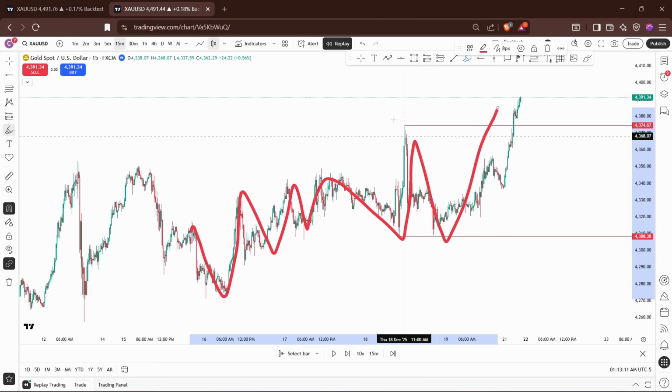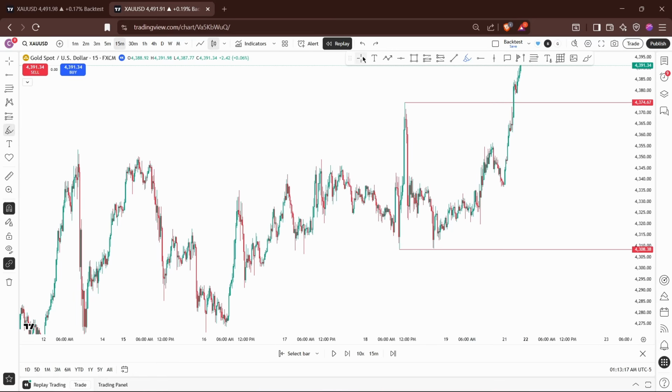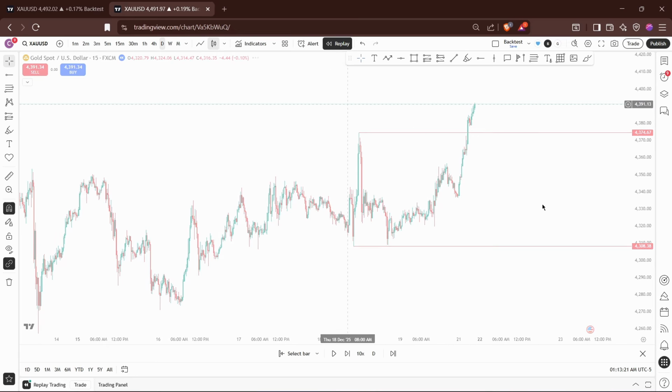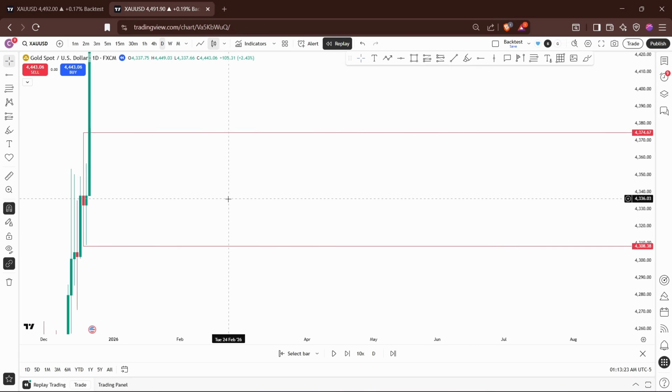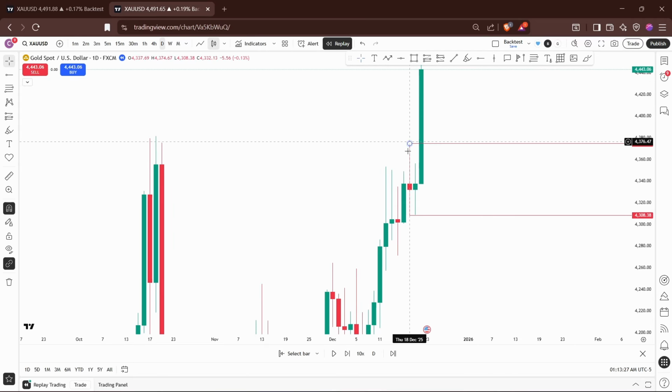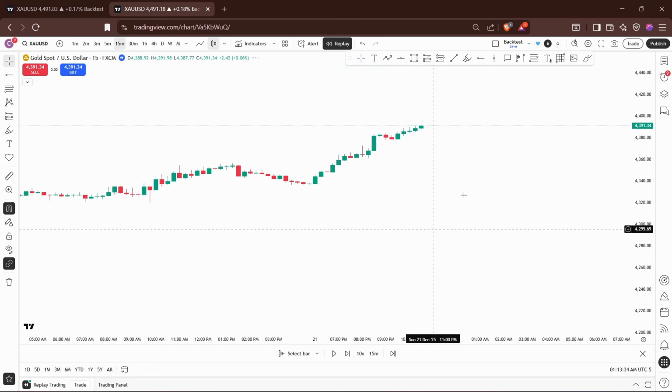So this is the lower time frame, like 15 minutes. This is the lower time frame bullish market structure. And if you go to the higher time frame, for the 15-minute, daily is the higher time frame, and we can see on the higher time frame it closed above this candle high. The higher time frame candle high break is the lower time frame market structure.